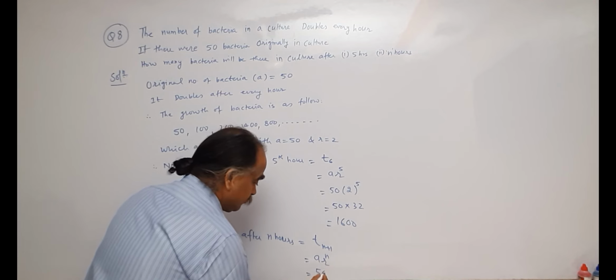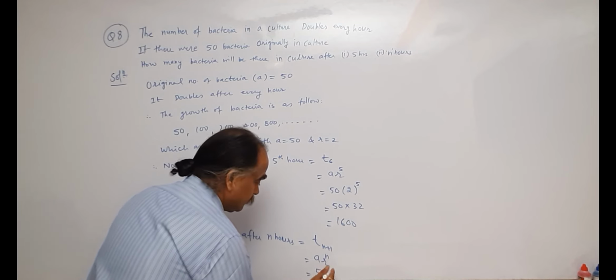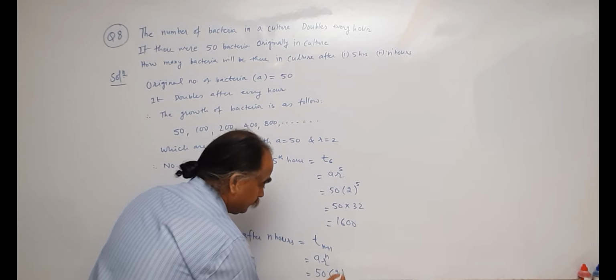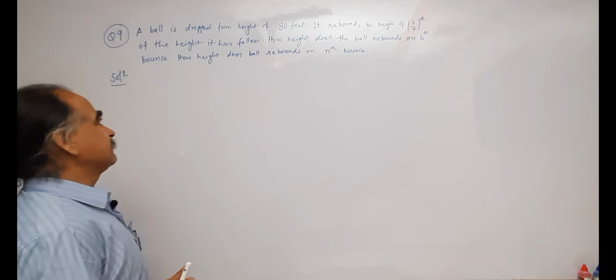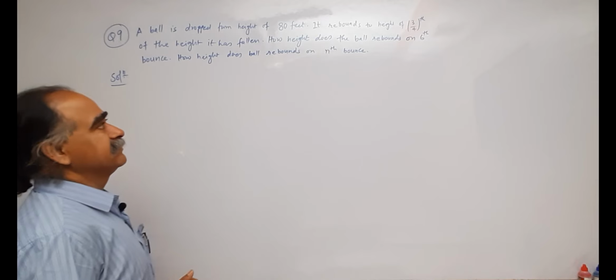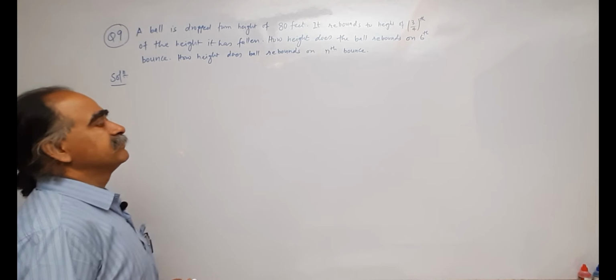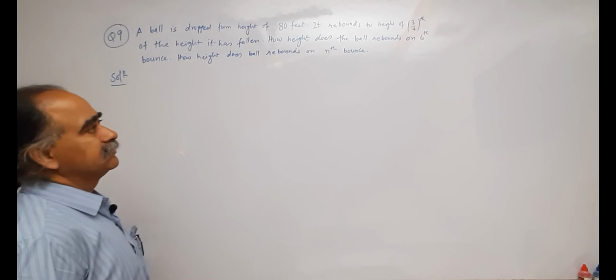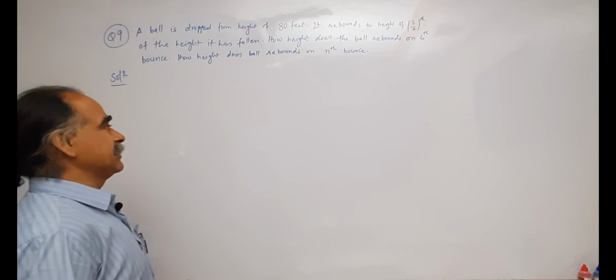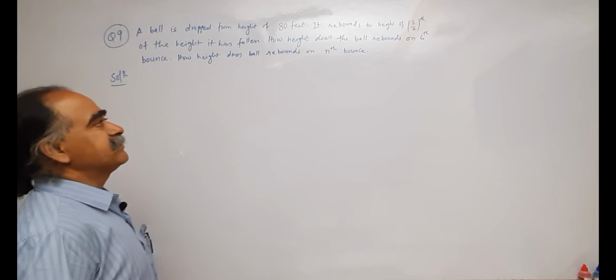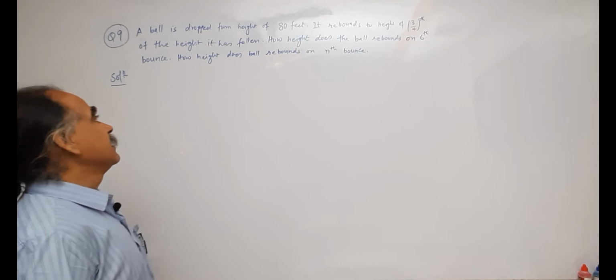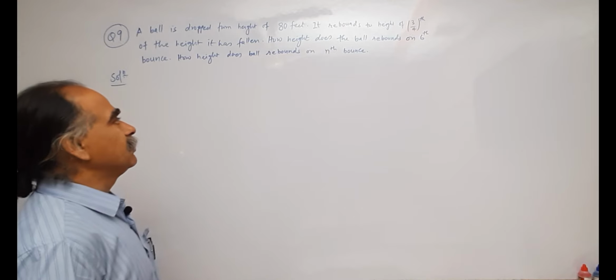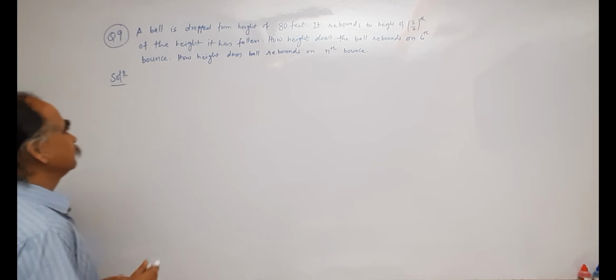So 50 into 2 raised to n. Yes, next problem: a ball is dropped from a height of 80 feet. It rebounds to a height of 3/4 of the height it has fallen. How high does the ball rebound on the 6th bounce? How high does the ball rebound on the nth bounce?